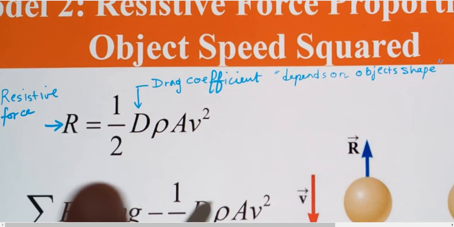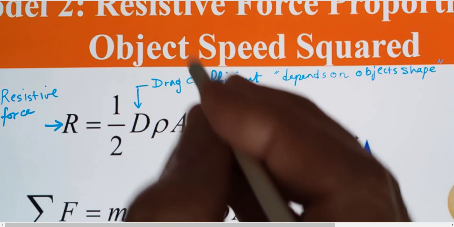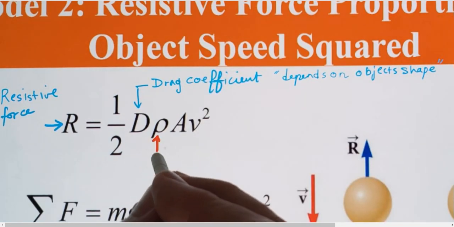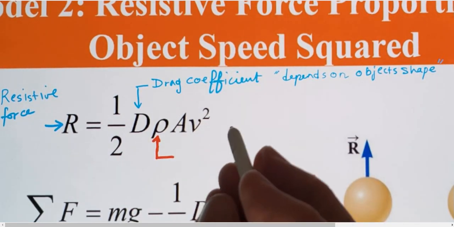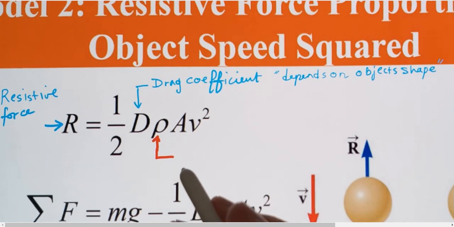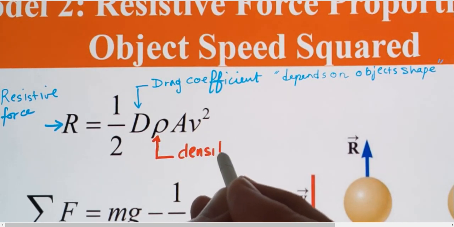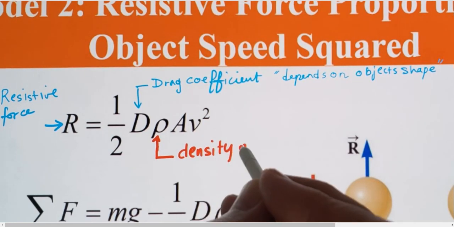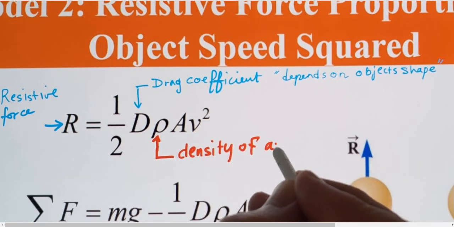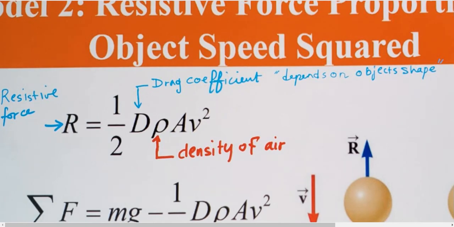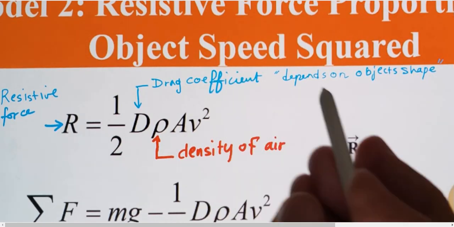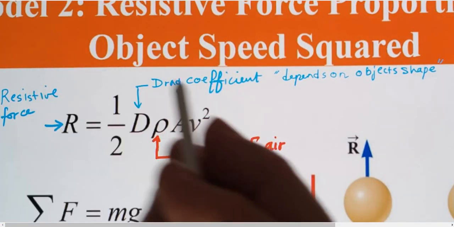طيب, what is rho? It is the density of air or gas, because the object is moving in air. طيب, what is A?